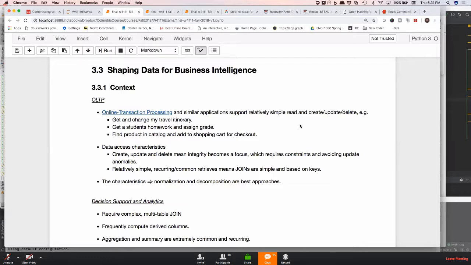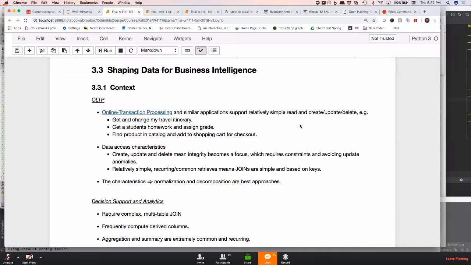Because it has updates, you want to have integrity, which means you want to eliminate functional dependencies, because every time you have a functional dependency, you risk an update anomaly. So you get an insert, delete, update anomaly. So you decompose it. The way you eliminate functional dependencies is you split tables into two and you use joins. That's how you avoid update anomalies, by decomposing tables.